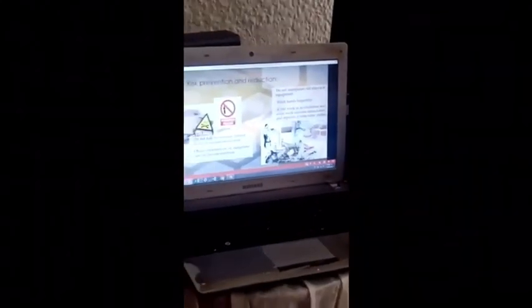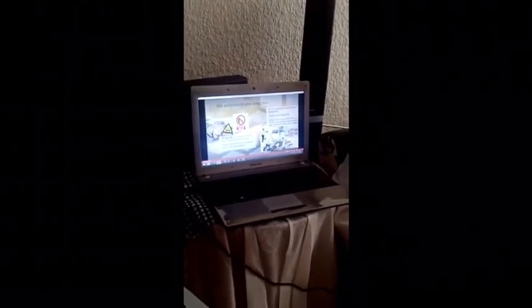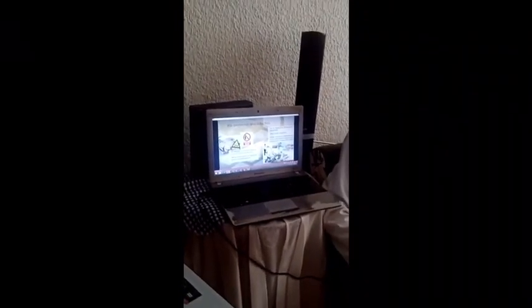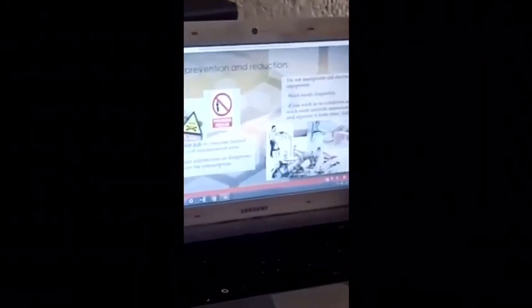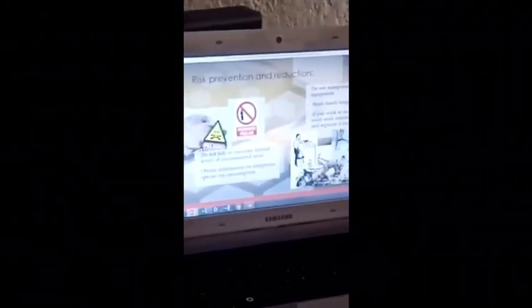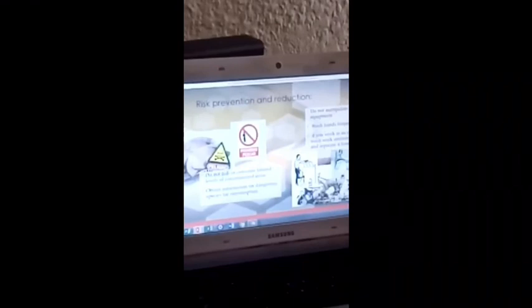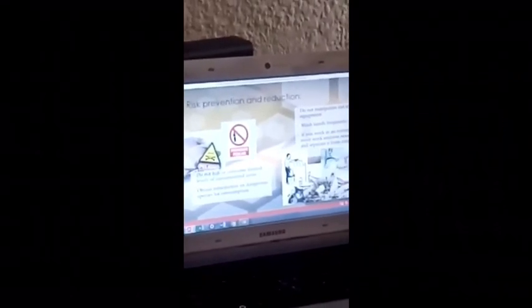How can you prevent or reduce the risks of your exposure? Risk prevention and reduction: it's pertinent not to fish and not to consume species within areas warned of being contaminated.